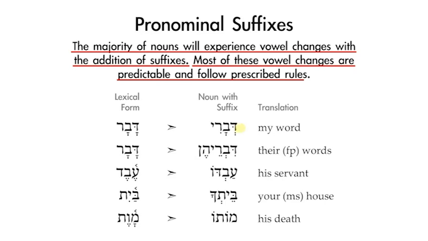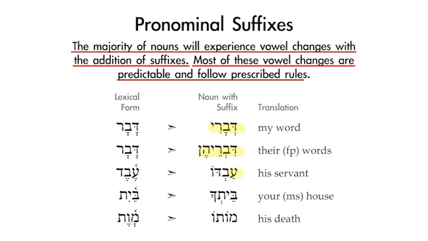In our first example, davari, meaning my word, you will observe that the original qamets under the dalet has reduced to vocal schwa because of propretonic reduction, and I know you've seen and encountered propretonic reduction before. In our second example, divrehen, their words, you're going to have propretonic reduction in the first 2 syllables under the dalet and under the bet, and then the application of rule of schwa 1, their words again.